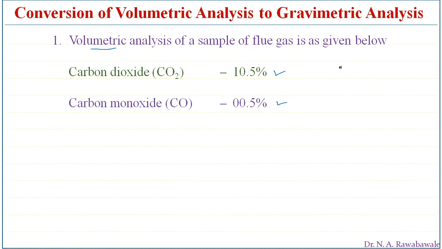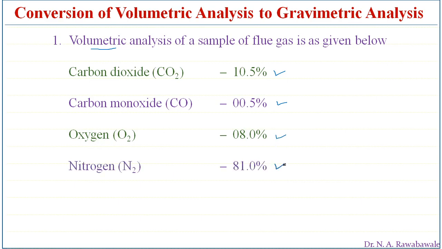Some gas coming out of combustion is collected and analysed, and it is found to contain 10.5% carbon dioxide and 0.5% carbon monoxide on volume basis. The flue gas also contains 8% oxygen, and 81.0% nitrogen by volume.